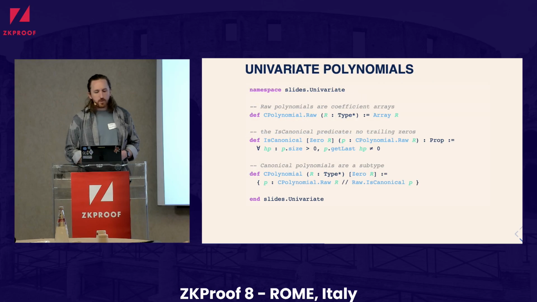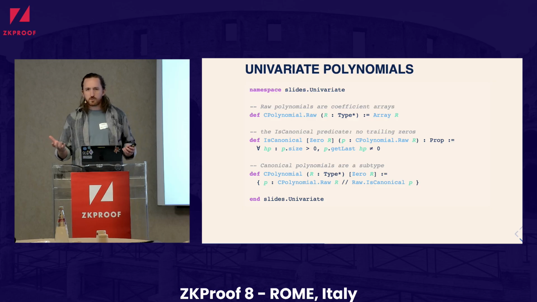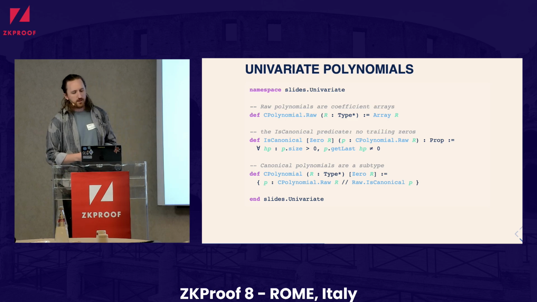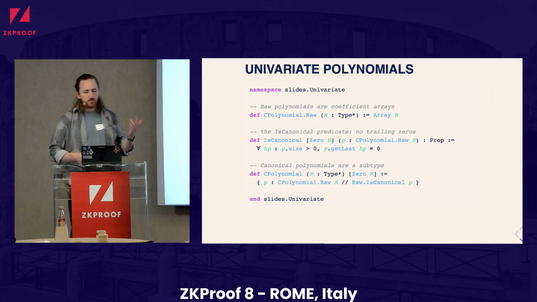So univariate polynomials are first defined as coefficient arrays. In CompPoly, we have what we've called the raw polynomial layer, where these coefficient arrays can have trailing zeros. And then we have this is-canonical predicate, which just says the last coefficient in the array is non-zero. And then the canonical, we're mirroring the Mathlib definitions.